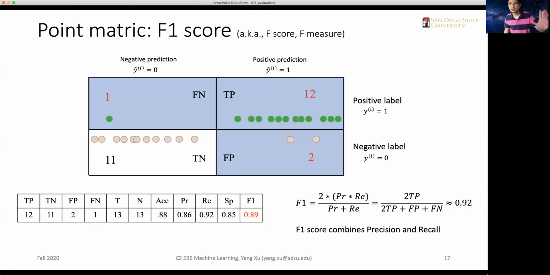This idea extends to multiple label predictions as well. In that case, we can have multiple rows and multiple columns, but the concepts of true positive and true negative are gone because there are more than positive and negative labels.